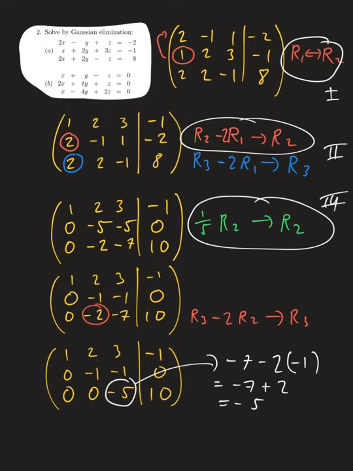Now what we want to do is solve the system of equations by using what's called back substitution. So that means we start at the bottom row and we actually put in our values for x and y, and we solve that bottom row for z actually, and then we substitute that value back into the second row and we solve that for y. Then we substitute z and y back into the first line and we solve that for x.